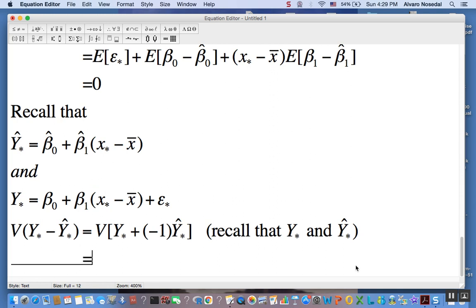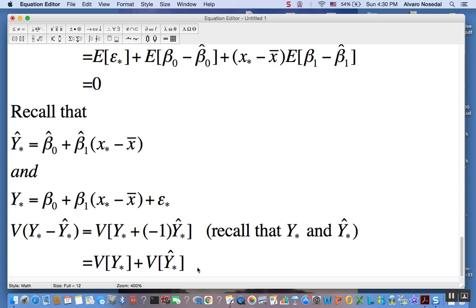Since they are independent, the covariance between them is 0, and then the variance of a sum is just the sum of variances. So what we end up with is just this. Since the variance of -1 times y hat star is going to be (-1) squared, we just end up with the variance of y hat star.